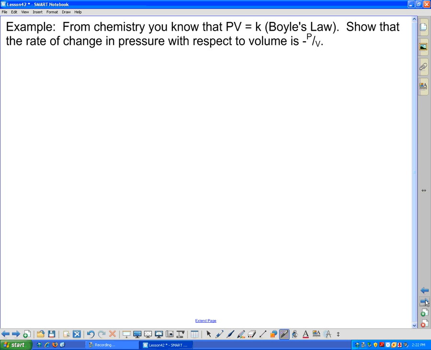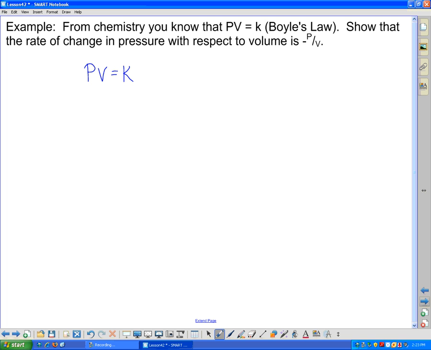So from chemistry, so for all the budding chemists out there, we know that Boyle's law says PV equals K. I want to show that the rate of change in pressure with respect to volume is negative P over V. So it's a proof. So Boyle's law says pressure times volume is constant.